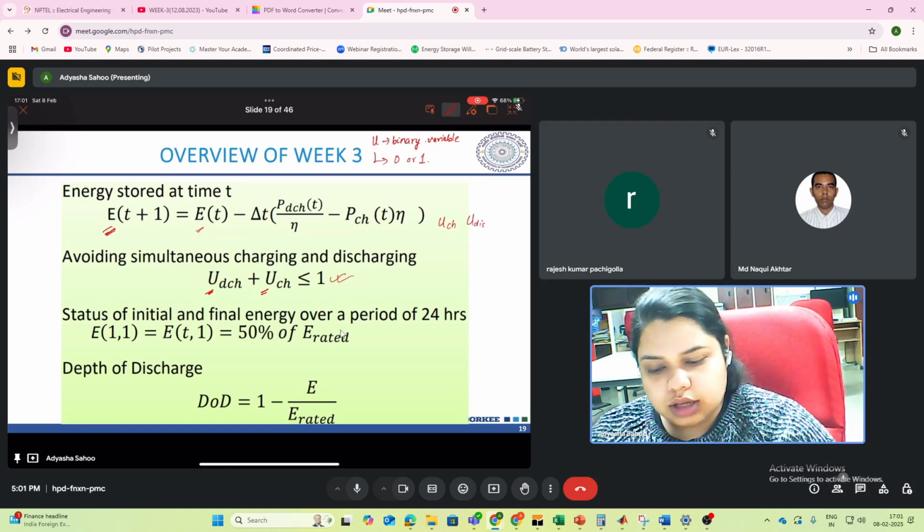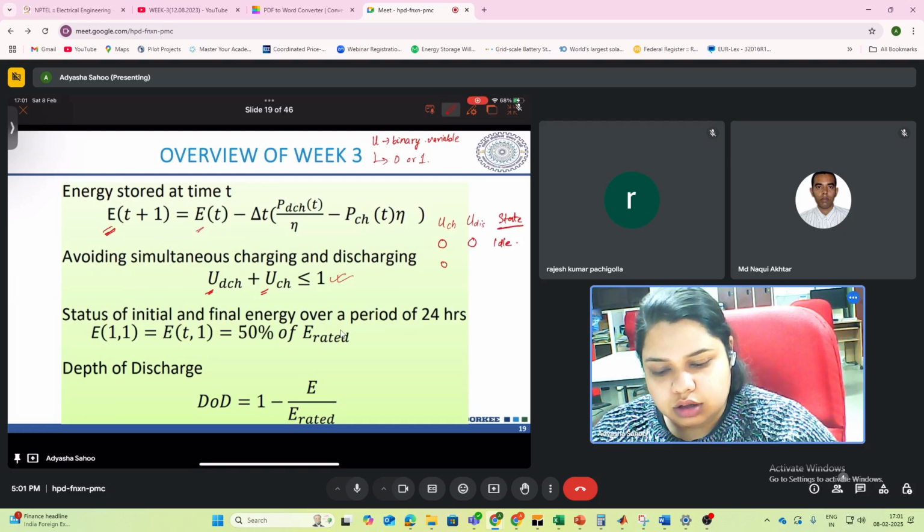So what are the acceptable values of u charging and u discharging then? If u charging and u discharging are 0, 0, that means the battery is in idle state. If it is 0, 1, that means the battery is in discharging mode. And 0 plus 1 is basically 1, so this constraint is satisfied.